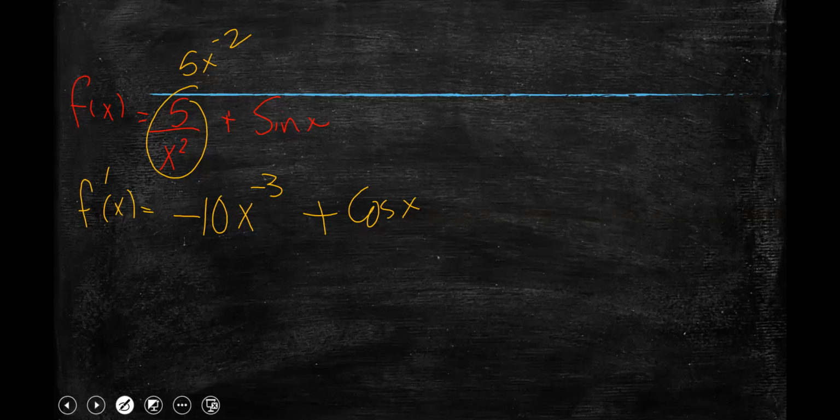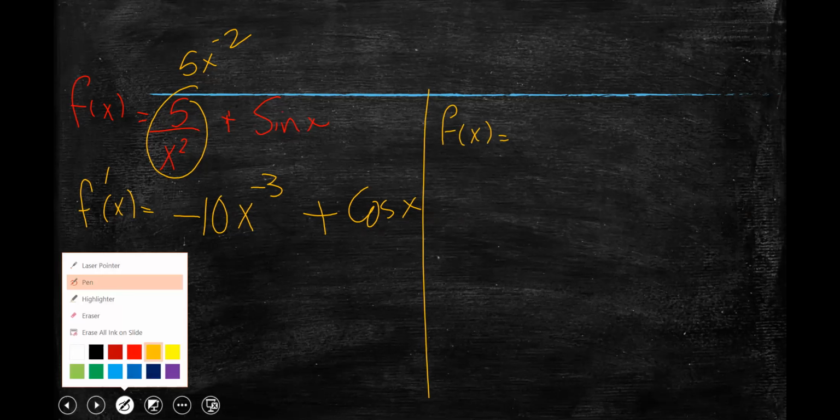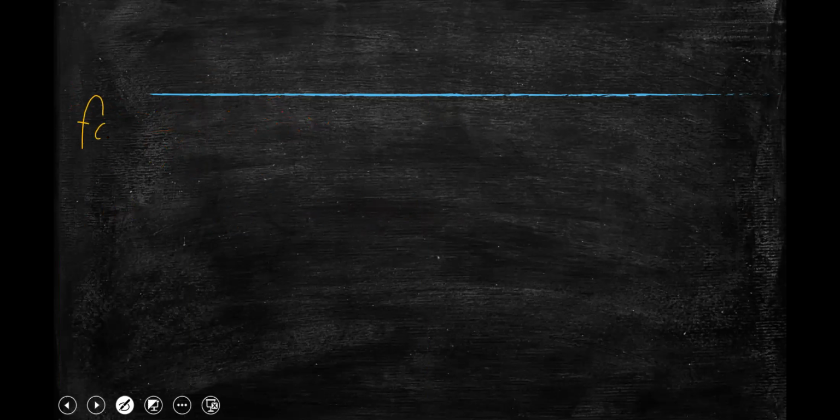Now another example here. If you have f of x equals negative 4x squared cosine x. So here we have to use the product rule.